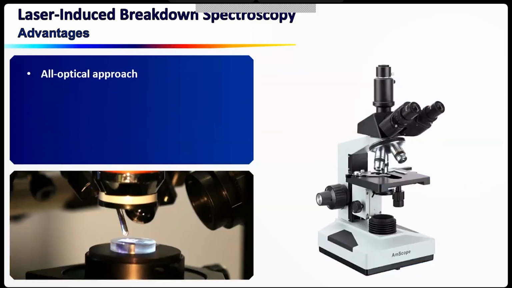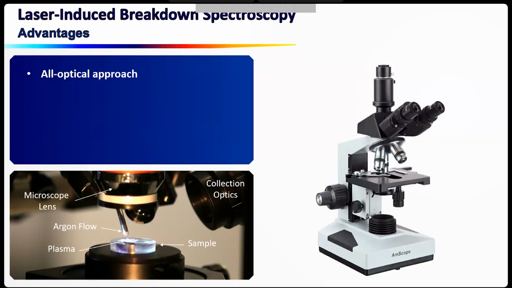Then another advantage is that this is an all-optical approach, very similar to a microscope, basically. On this photo, you can see the microscope lens that will focus the pulse. It's not easy to see, but you have the plasma here, the sample, the XYZ stage, the collection optic, and in general, we are also using an argon flow to work in an argon environment.